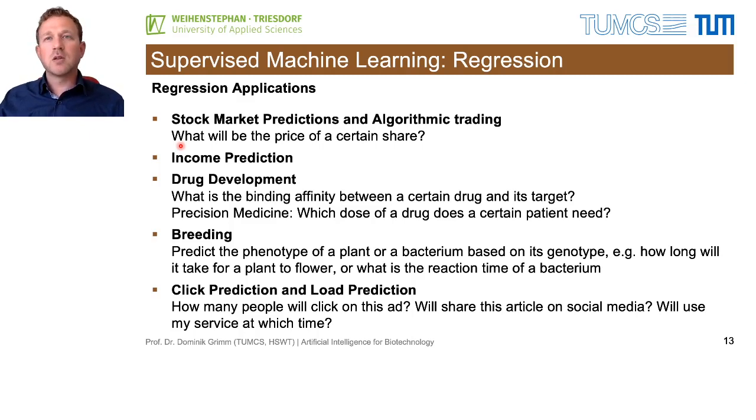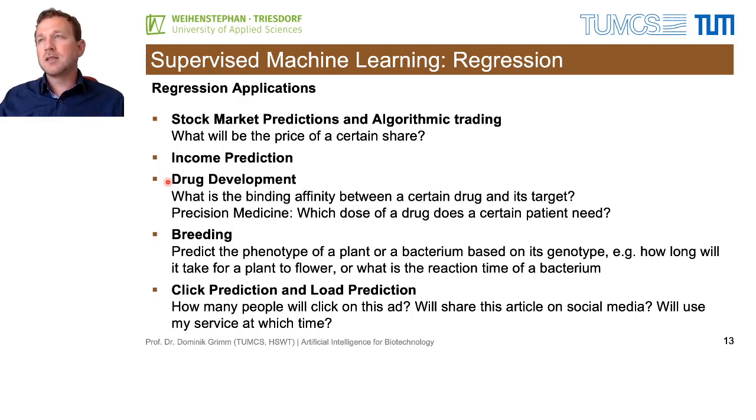Very often when we like to start a new job, we would like to know how much will I earn? What will be my income? Based on some information, I can try to predict the income. Other things, for example in biotechnology, is drug development. For example, what is the binding affinity of a certain drug and its target? In precision medicine, which dose of a certain drug does a patient need?